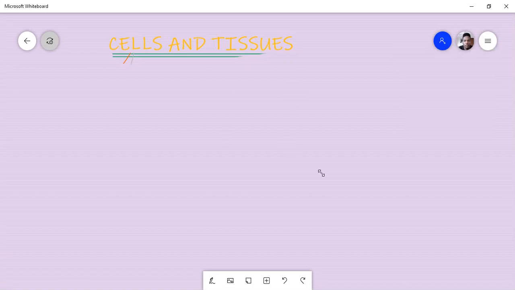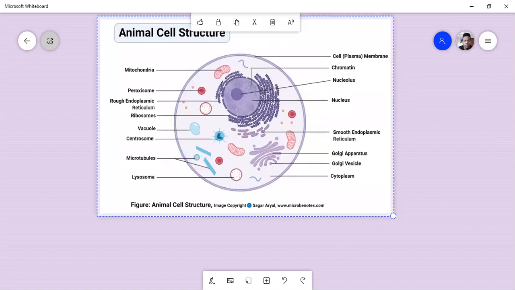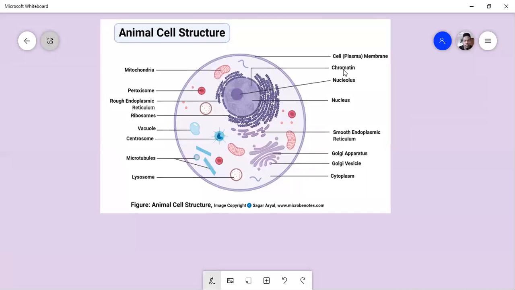So you all know the cell. We've already looked at the chromatin, the nucleus, and this is your nucleoplasm. I just want you to get a clear picture of everything before we start, including your cytoplasm.